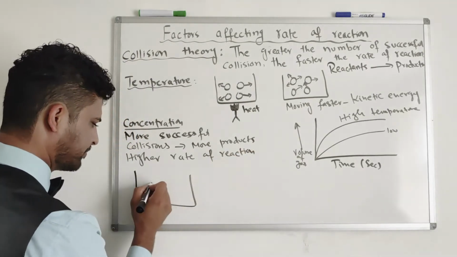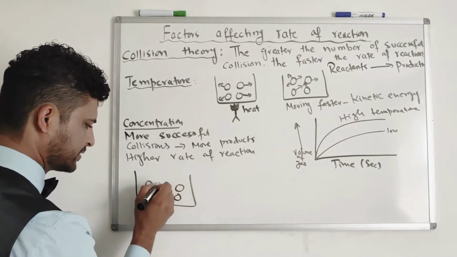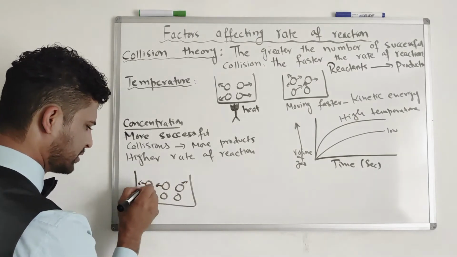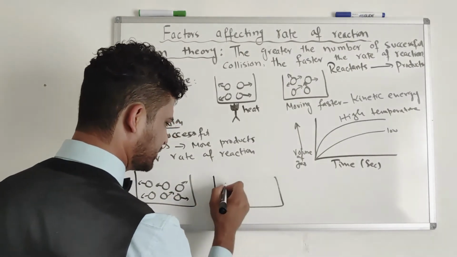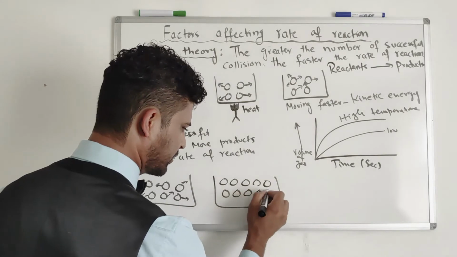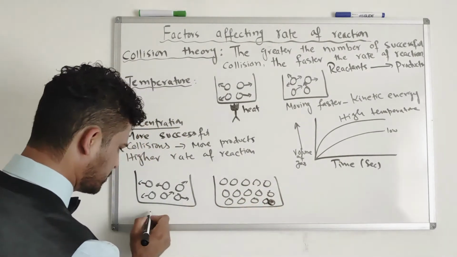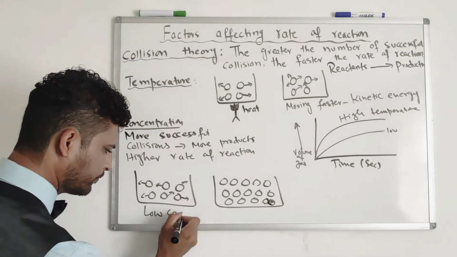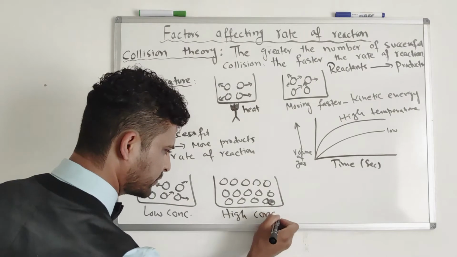How? For example, if this is a container where you have 6 particles, I'm not saying that you have 6, but just as an example, and then in the same container, if you increase the number of particles, you have low concentration and you have high concentration.